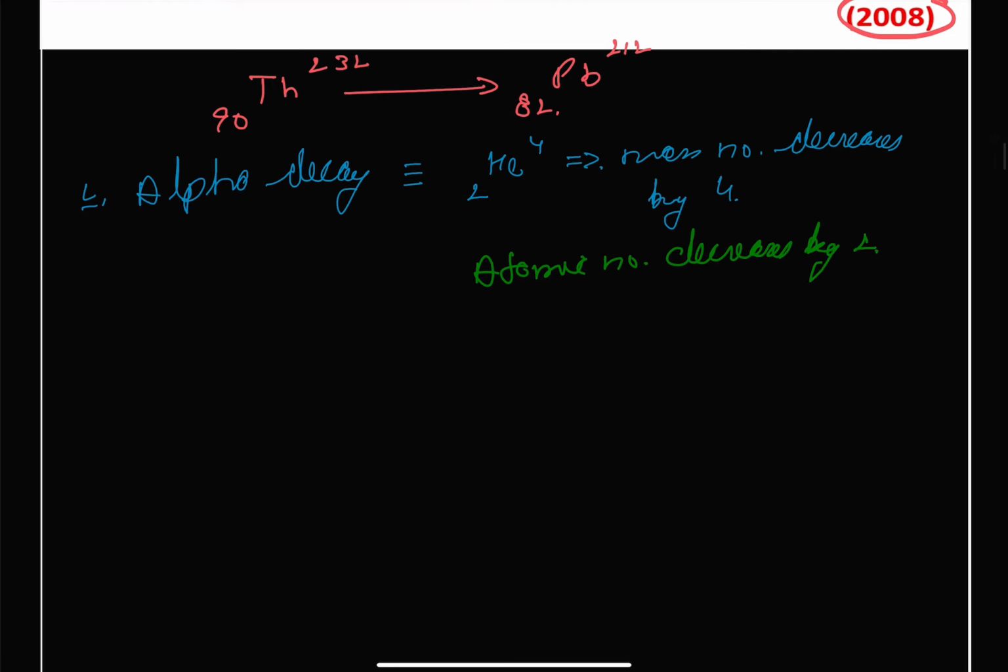And we have our beta decay, in which the atomic number increases by 1.